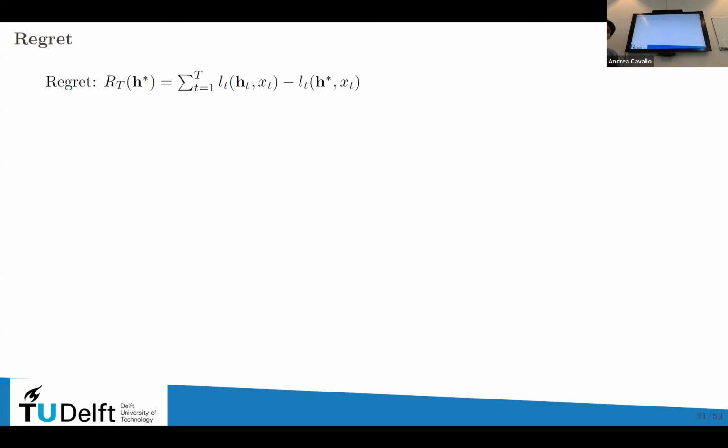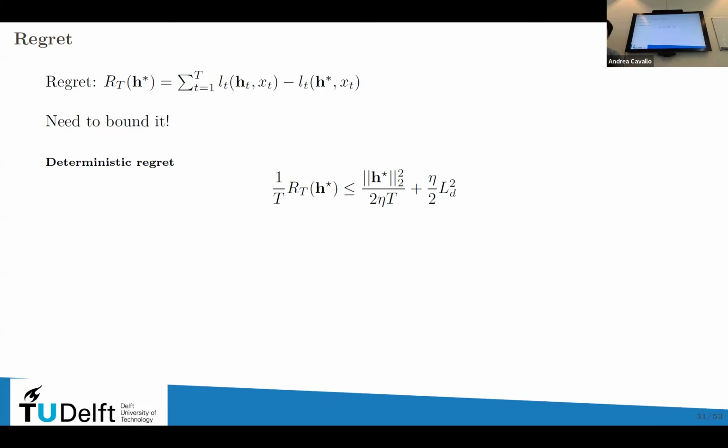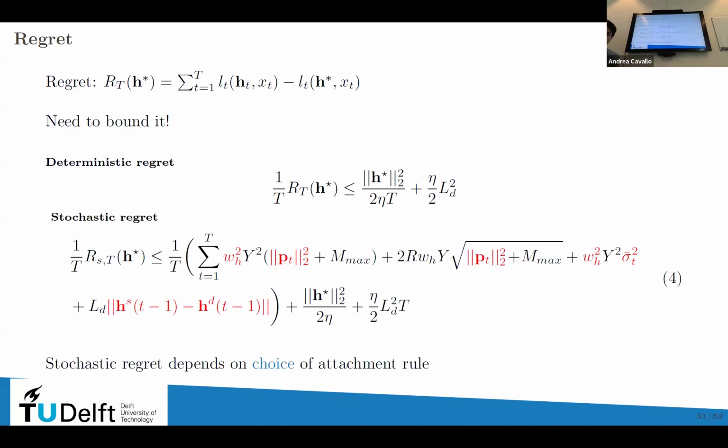So in this case, we have two cases. We have this pretty standard, honestly, deterministic regret, when the attachment is known. This LD term is like the Lipschitz nature of your loss function. And typically there are ways to play around with this, like minimize it, but I'm not going to go into that.